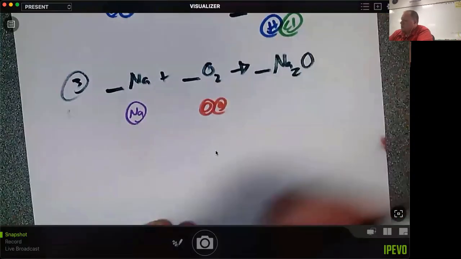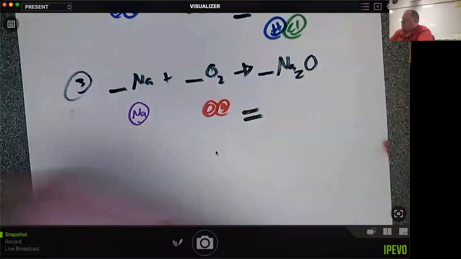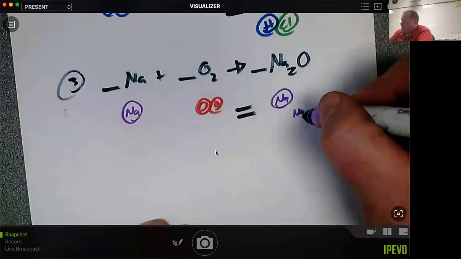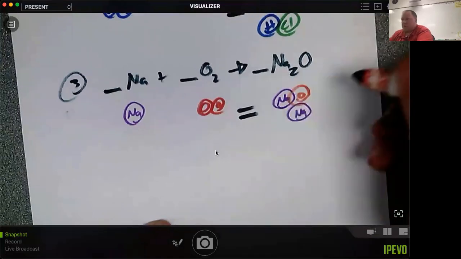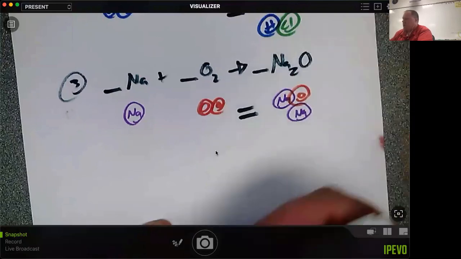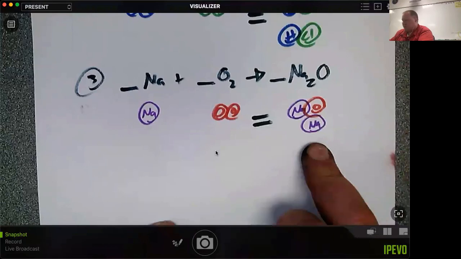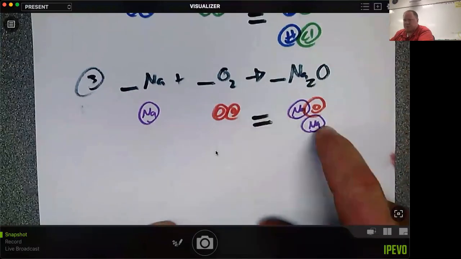And it should equal on the other side Na2O. So that is an Na, another Na, and then O. So that's your Na2O. 1 sodium, 2 sodiums, 2 oxygen, 1 oxygen. Neither of them are correct.